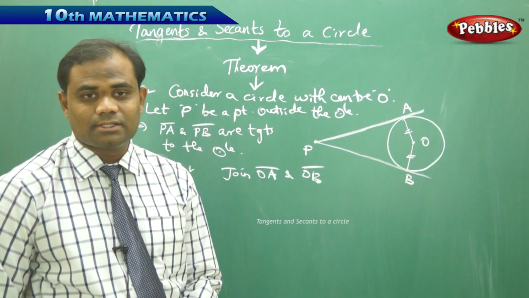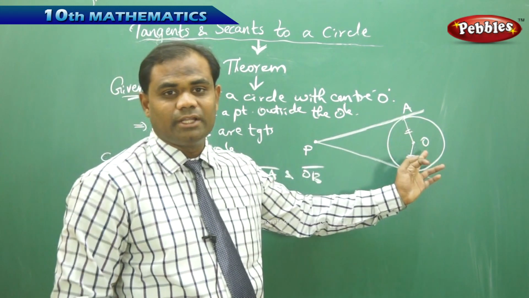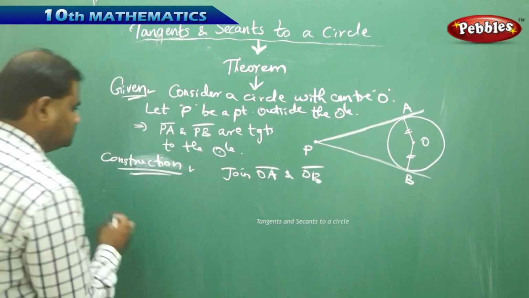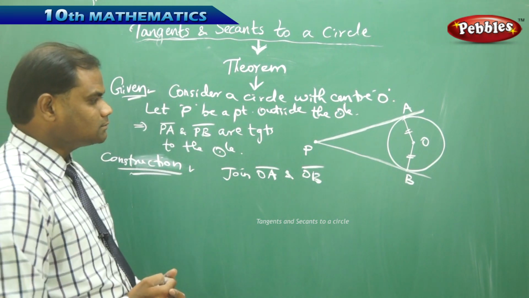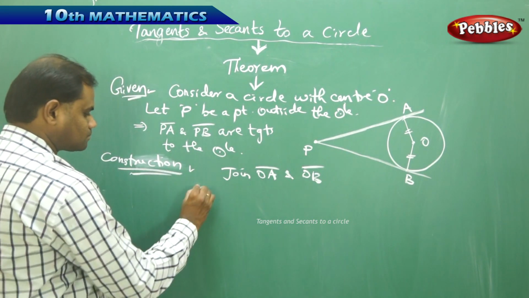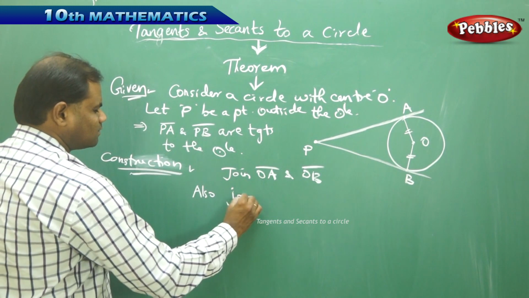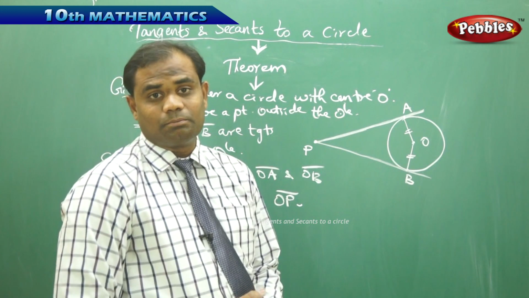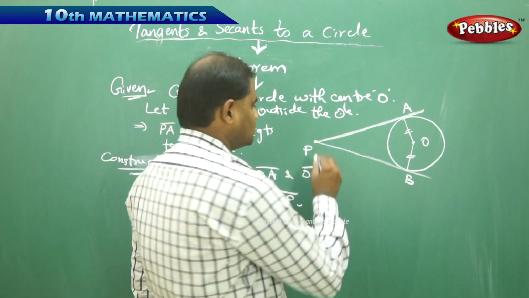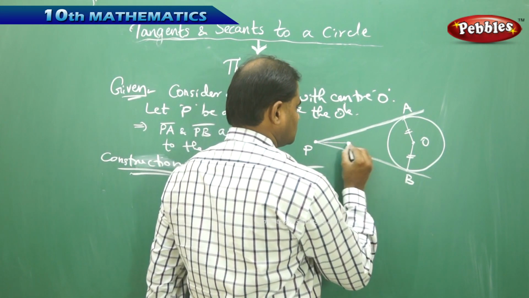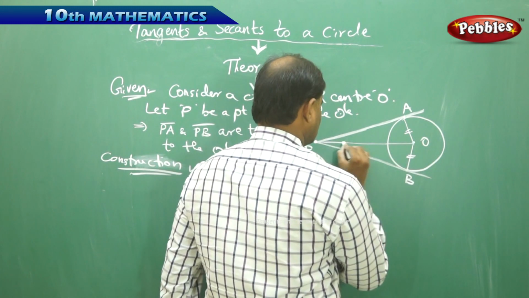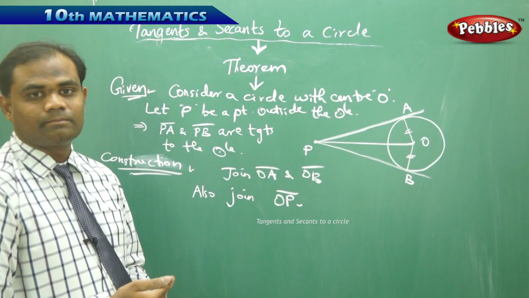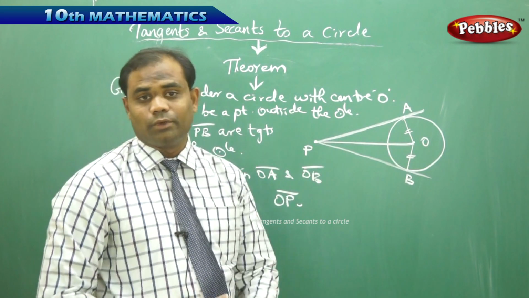Since the radius is equidistant from any point on the circle to the center, therefore OA is equal to OB is what we have. Also, I join OP because this helps me in the further proof of the given statement. So I just join O with P.